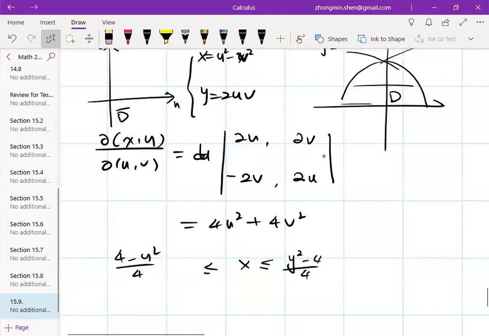Our transformation here: this is u squared minus v squared, which is less than (2uv minus 4) over 4, and greater than or equal to (4 minus 2uv) over 4. Okay.